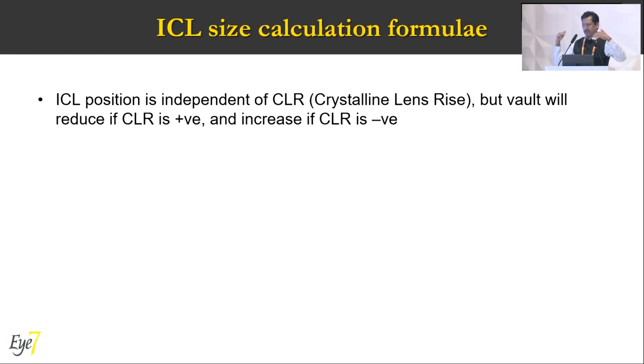But the vault becomes relevant because if the crystalline lens rises high, for the same ICL position, the vault will be less. If the crystalline lens rise is low, for the same ICL position, the vault will be high. And whenever you're using a formula, it is more dependent on the sizing and the vault. It is comparatively less dependent on crystalline lens rise.